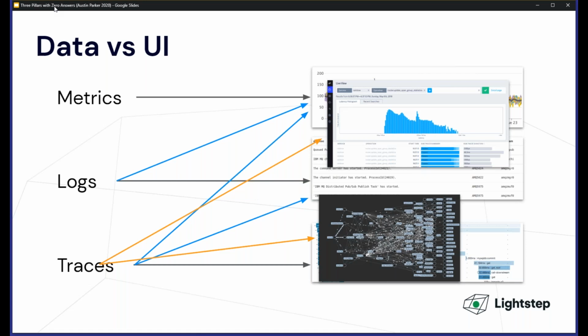You can apply that same sort of thinking to telemetry data or to statistical data about your system. Metrics and logs and traces are separate ways to measure things, but they're not really completely separate.